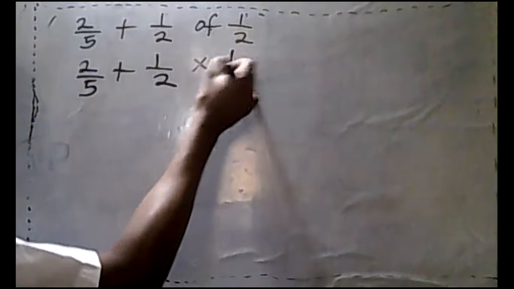So let's do that. We're going to write 2 over 5 plus 1 over 2, then your "of" changes to multiplication, 1 over 2. Now, don't forget, after you change your "of" to multiplication, in that order, which one comes next? Is it addition or multiplication? What comes before addition is multiplication. Bracket, of, division, multiplication before addition. So we're going to do the multiplication first.